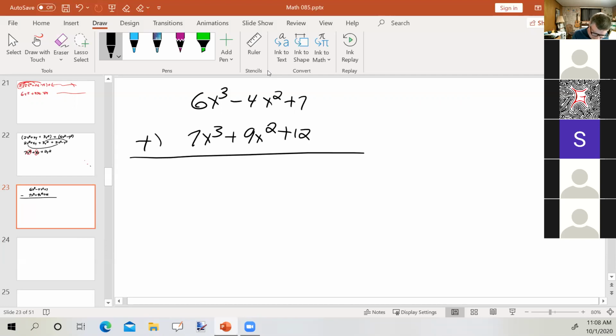And so we're adding these together, okay? 7 plus 12 is 19, so that's a plus 19. Negative 4x squared plus 9x squared is 5x squared, so that's a plus 5x squared. And 6x cubed plus 7x cubed is 13x cubed. And I don't need to put a plus sign in front of that because with nothing else there, it's assumed that it's positive. Okay with that?